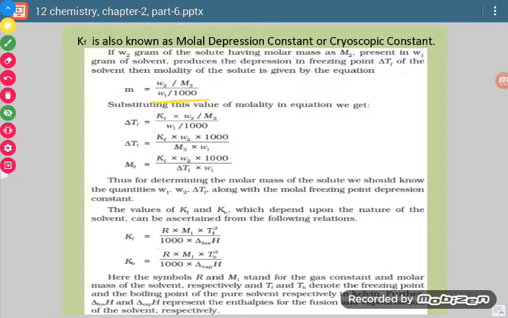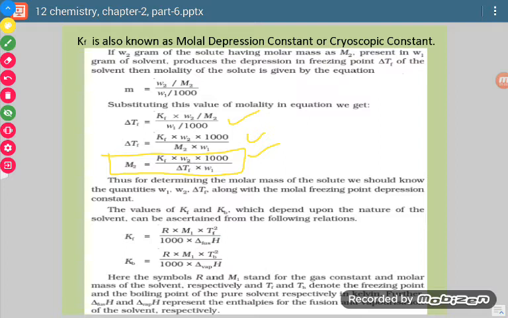W1 by 1000 means W1 is in grams, so we have converted it into kilograms. So here it is number of moles of solute, and this is weight of solvent in grams. Okay, so by using this equation we will come to this equation, M2 is equal to this much. So after knowing all the values and putting in this equation, we can determine the value of M2.